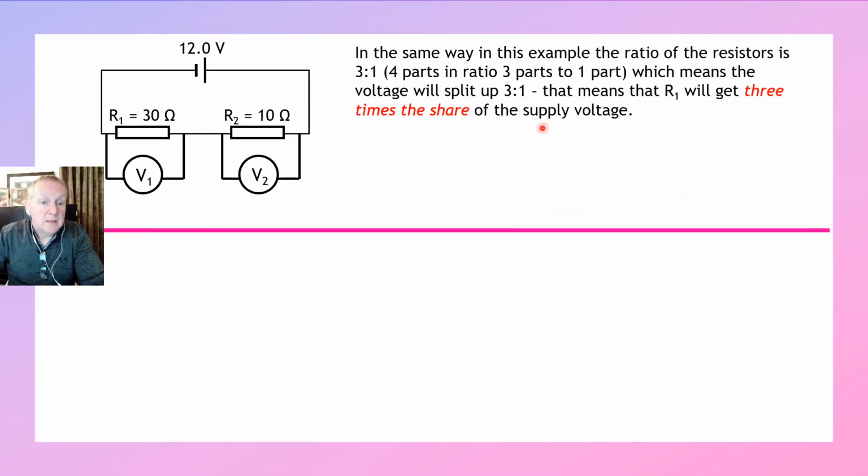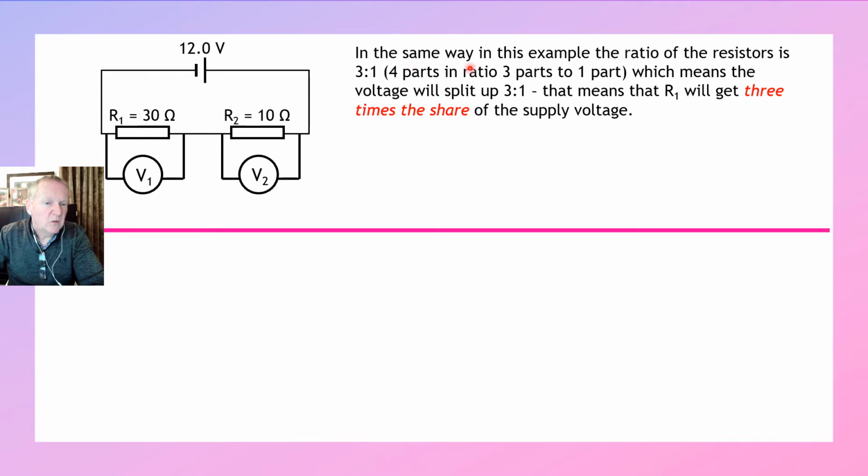In the same sort of manner, this one has the same sort of circuit, but this time R1 is 3 times the value of R2, and therefore V1 is going to be 3 times bigger than V2. So it's a ratio of 3 to 1.